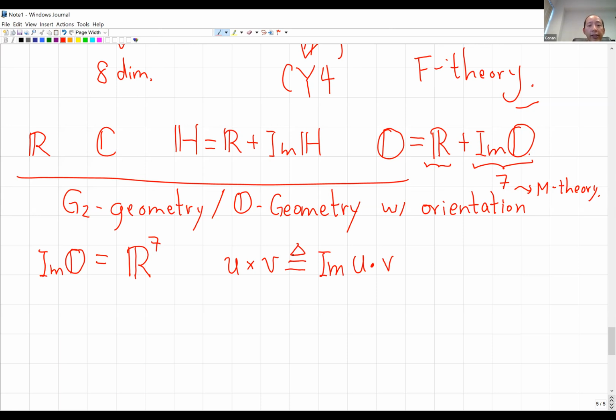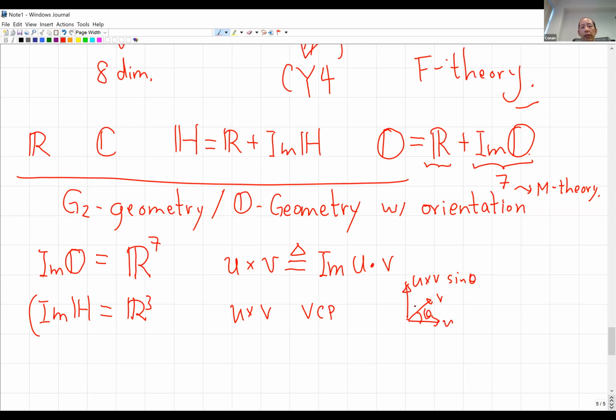Why do I want to write it this way? Because if you look at it as a quaternion, this is our usual vector cross product, U times V. So the usual vector product in R3 is really part of the quaternion geometry.